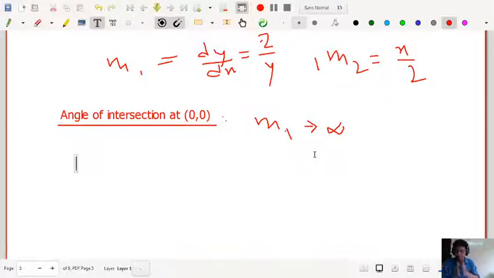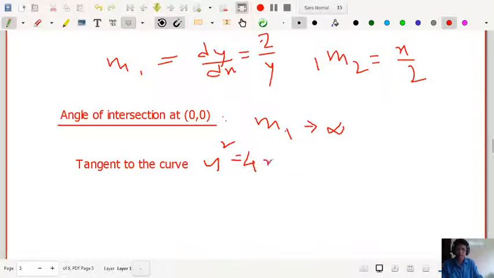So here we are talking about tangents. So the tangent to the curve y square equal to 4x.